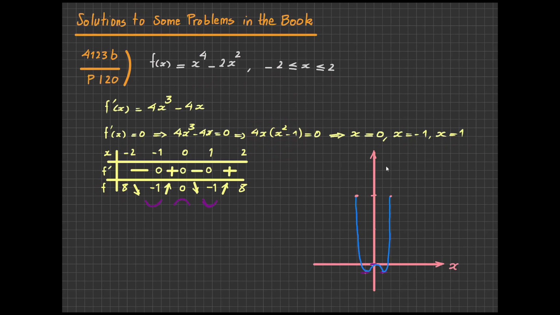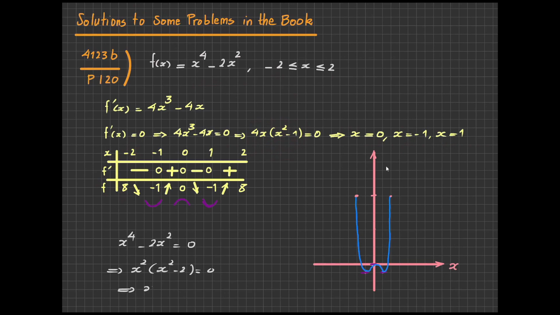In this case, of course, it is possible to understand these numbers exactly. So sometimes it is possible. For example, here I can set x to the power of 4 minus 2x squared equal to 0. Then you see that if I factor x squared out, I get x squared times (x squared minus 2) equals 0.